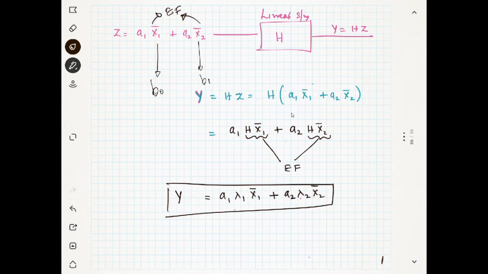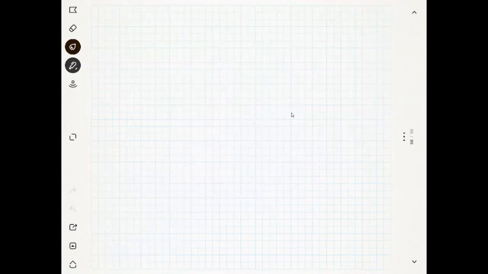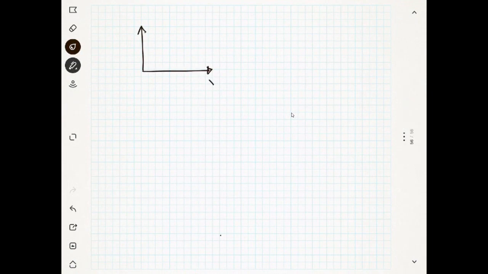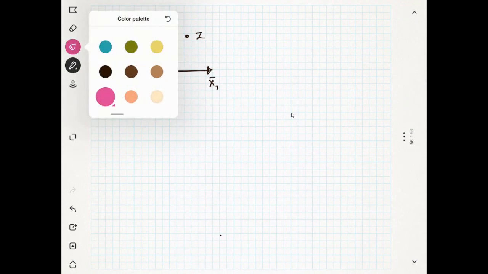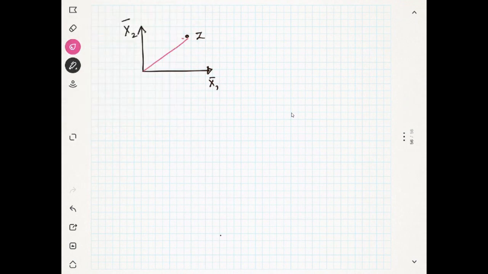This is a very, very important point. If you have a space, I will draw it in vector form. If you have x1 bar like this, and x2 bar like this, and some point z pointing like this, then across the direction of x1 bar, the coefficient is a1.